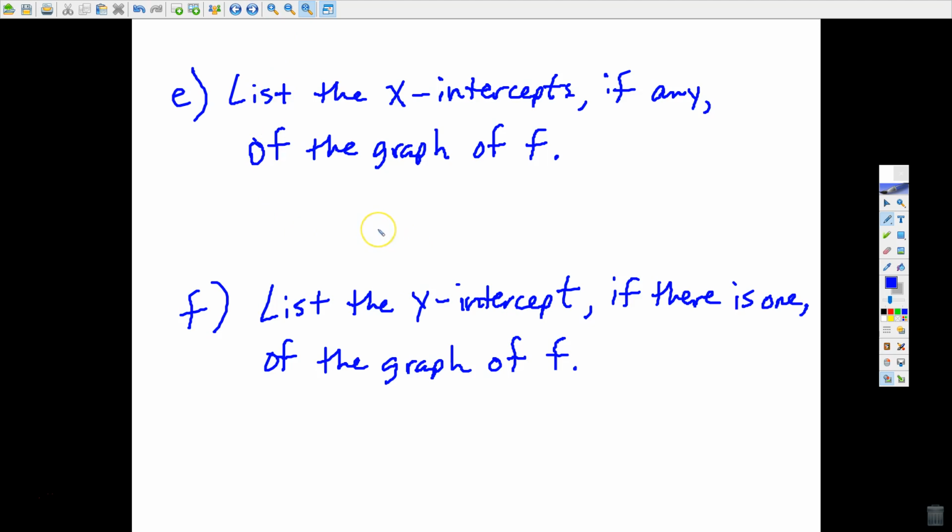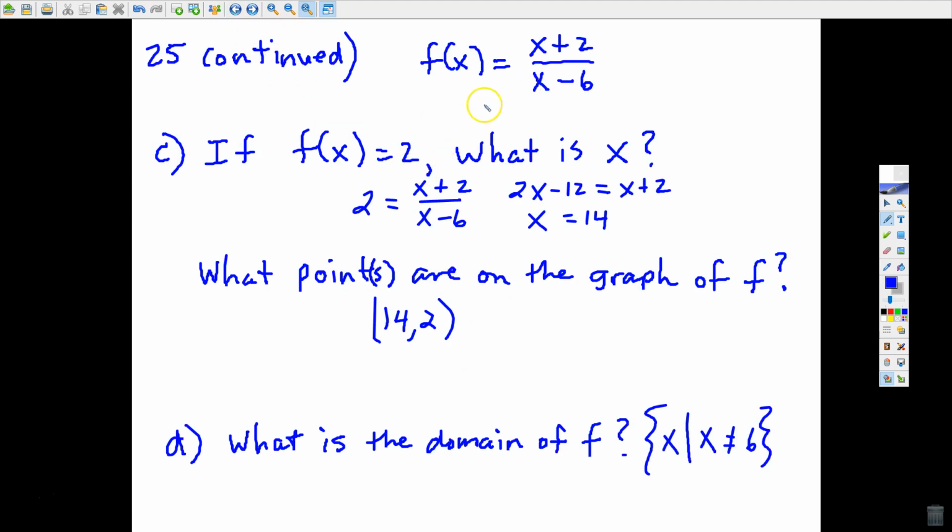Okay, list the x-intercepts, if any, of the graph. Well, remember, if we want to find an x-intercept, we just assume that y is 0. Alright, so we could solve it like this. Basically, in these fractions, what this amounts to is you're solving the numerator, and I'll show you why.